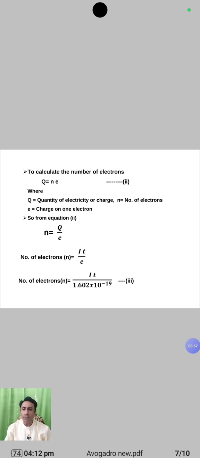So we have got the equation IT upon E, and thanks to Millikan, who discovered the charge on the electron, that equation becomes IT upon 1.602 into 10 raised to minus 19. This is our equation third. So now we have calculated the number of electrons by using this equation.